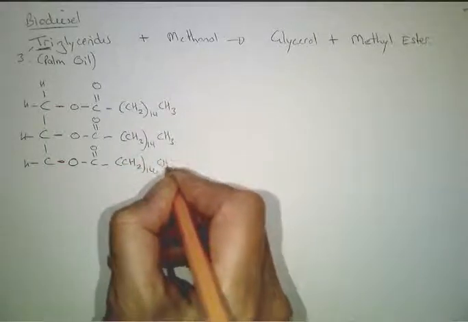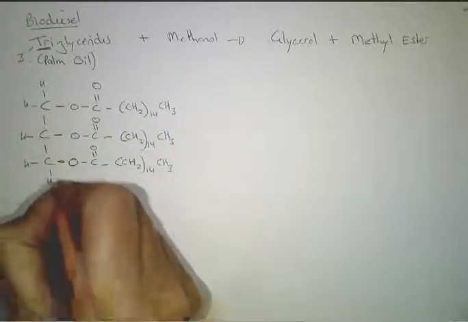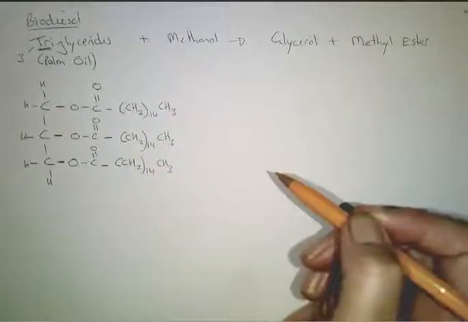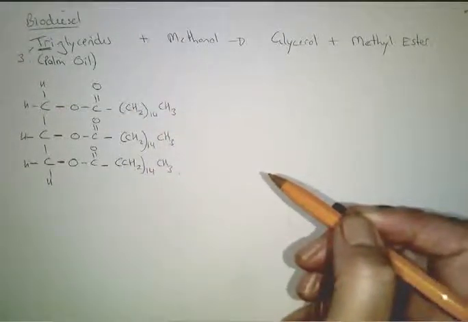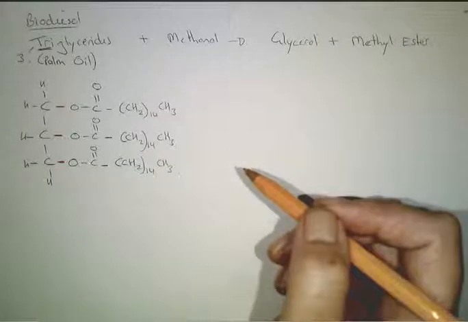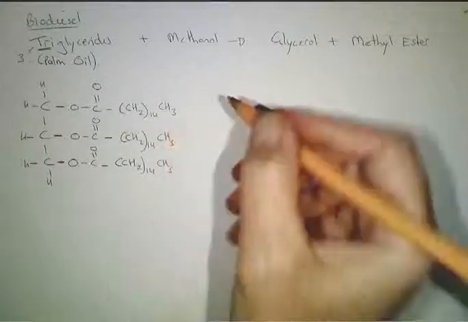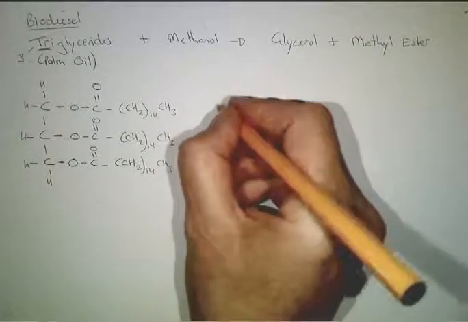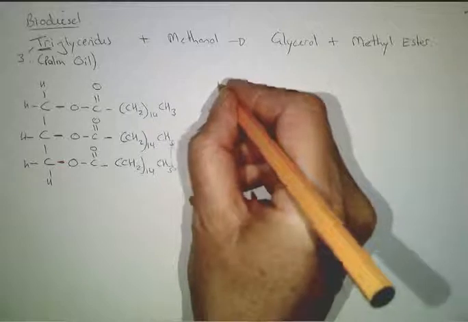This palm oil is similar. The oxygen can't attack it. So we have to break it off so that we get single chains, and then the oxygen can react with it. In order to get these 3 chains off, we're going to have to add 3 methanol molecules.